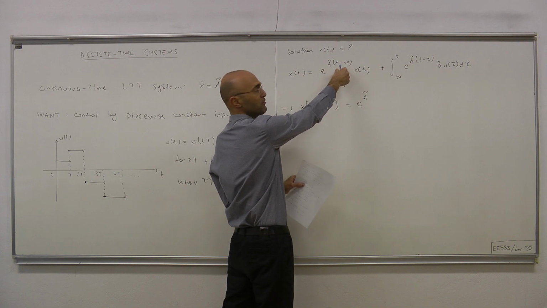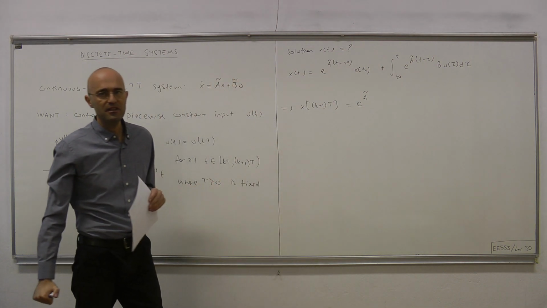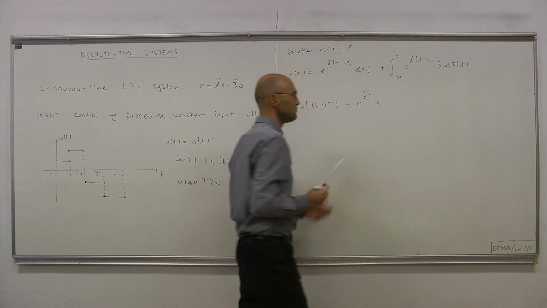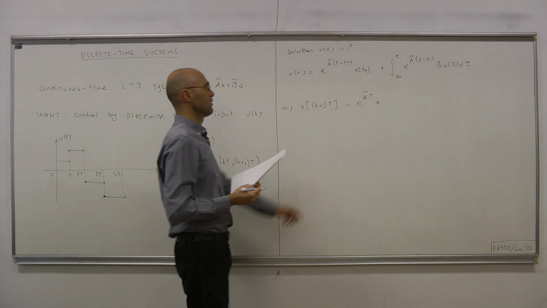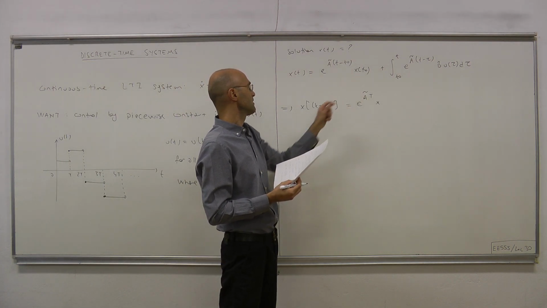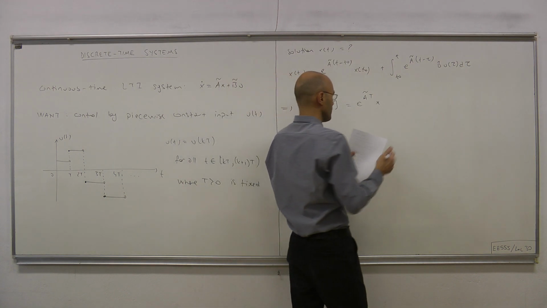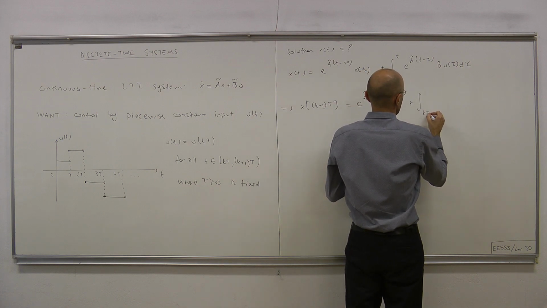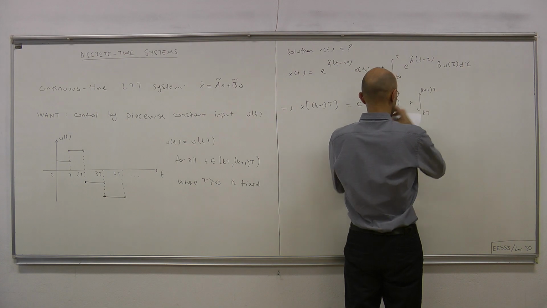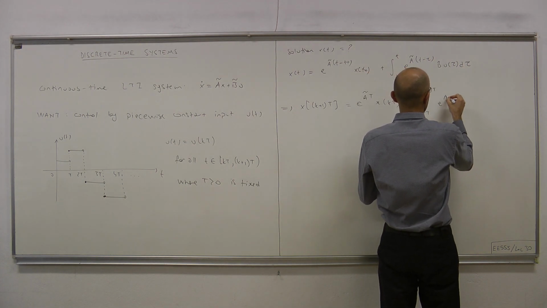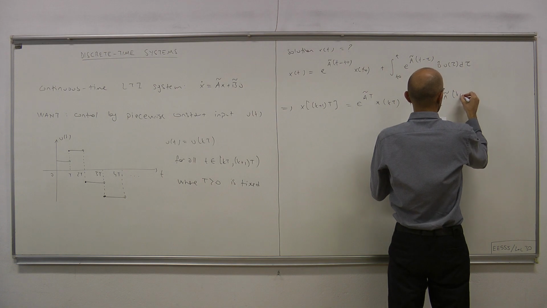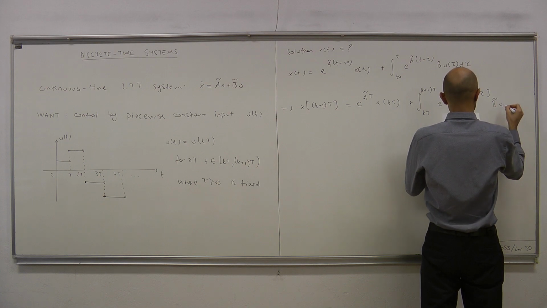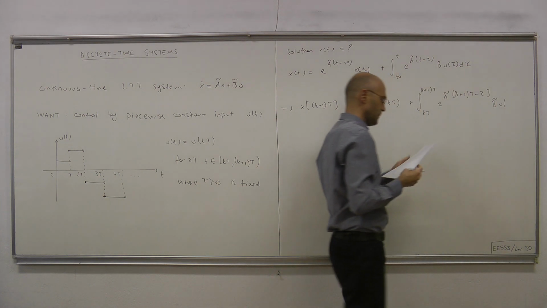In that case, this difference, (k plus 1)T minus kT, simply is T. So we have e to the A tilde times capital T times the initial condition, where by initial condition we mean the value of x at kT, plus the integral from kT to (k plus 1)T of e to the A tilde ((k plus 1)T minus tau) B tilde u of tau d tau.